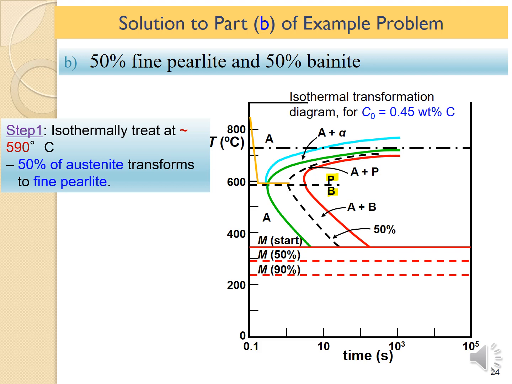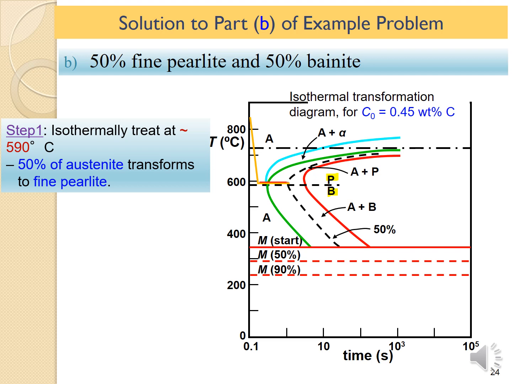Here is the cooling line. And now we hold the temperature at 590 degrees all the way to the 50% line, because we want to have 50% of fine pearlite only.